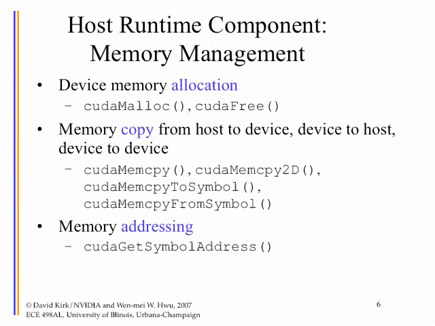From the memory management point of view, these are the host runtime functions that allocate device memory and do the memory copy. Remember, we talked about a few of these at the beginning. I'm not going to waste time talking about the difference between these things and their intricacies.